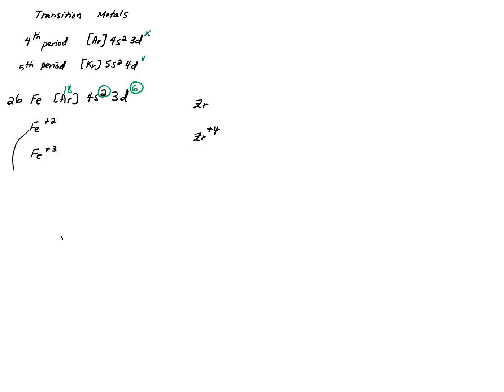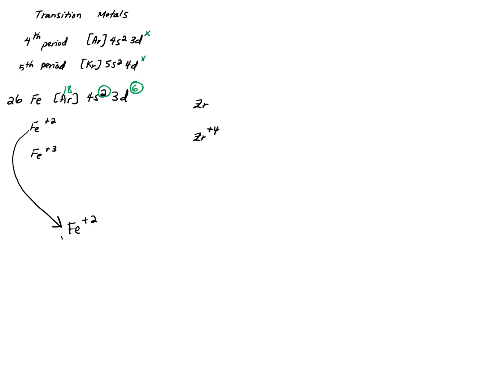Now, when we're writing the electron configuration for iron plus 2, I'm going to write down that one right here. Iron plus 2. For iron, you have 26 electrons. When you have iron plus 2, you don't have 26 electrons.